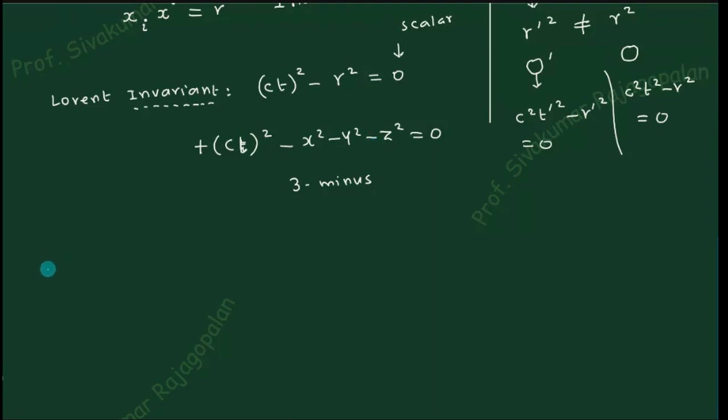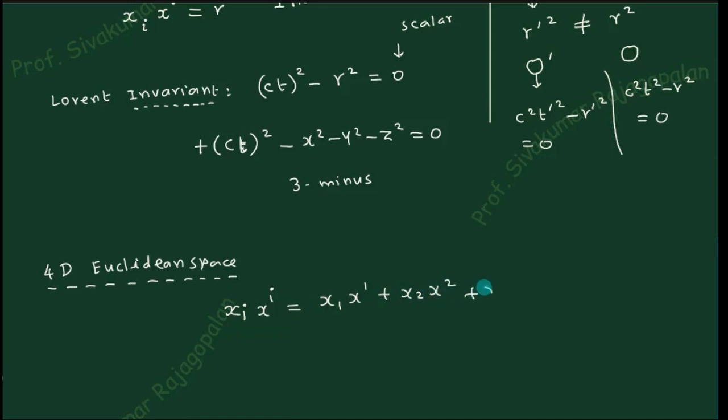So now you ask the question: if you consider a 4-dimensional Euclidean space, which means you are going to have 4 axes, then what will happen to this kind of product is that I will be having xi, xi. So one in the superscript, one in the subscript will give me x1 x1 plus x2 x2 plus x3 x3 plus x4 x4. And that's all about it.